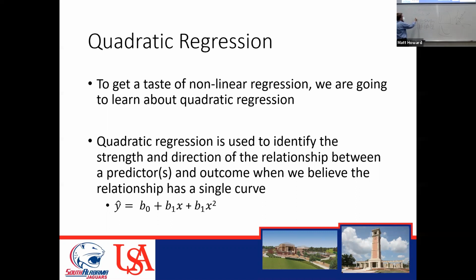I'll give everyone a sec to write that down since the PowerPoint slide was incorrect. So once again, y hat equals beta naught plus beta 1 x1 plus beta 2 x1 squared. I think everyone has it now?